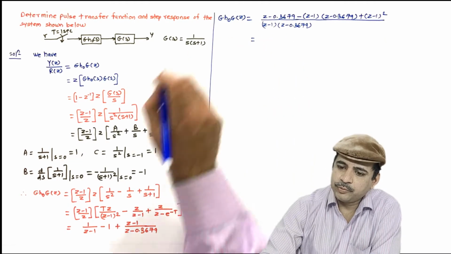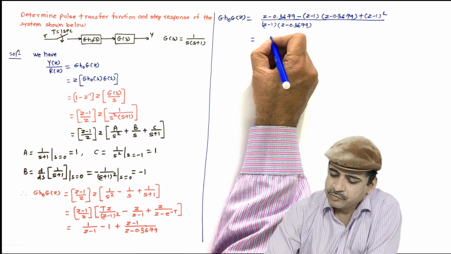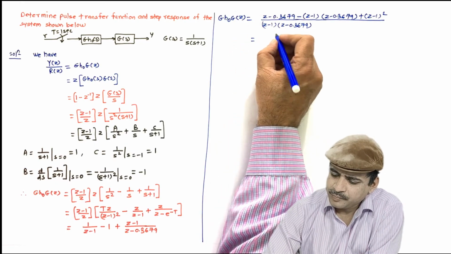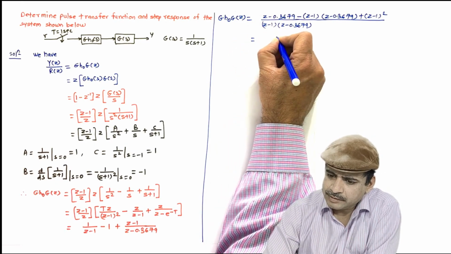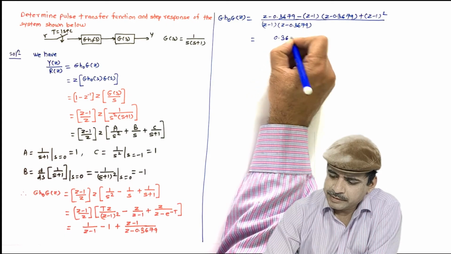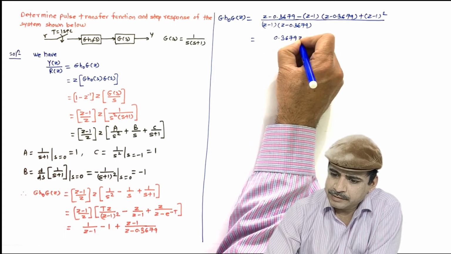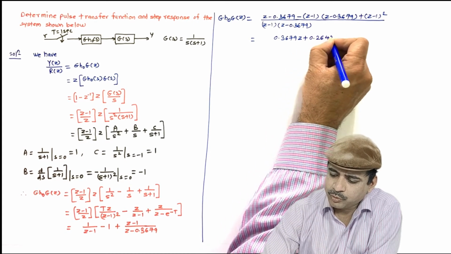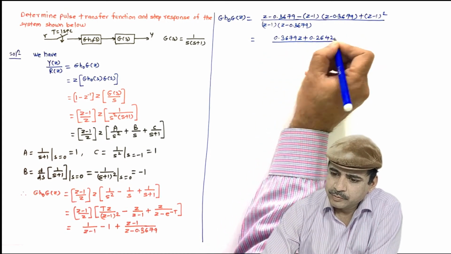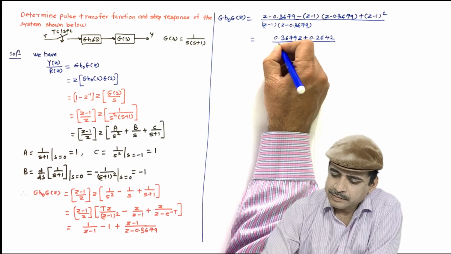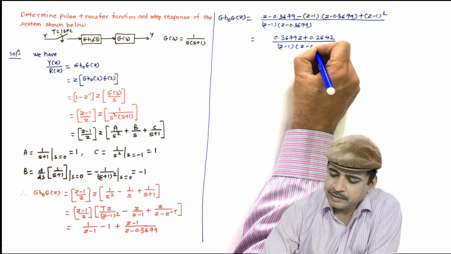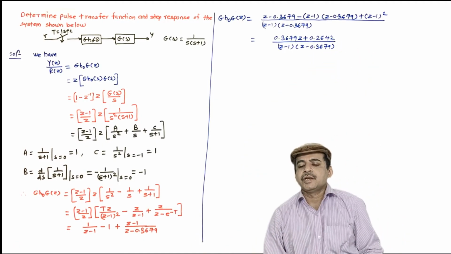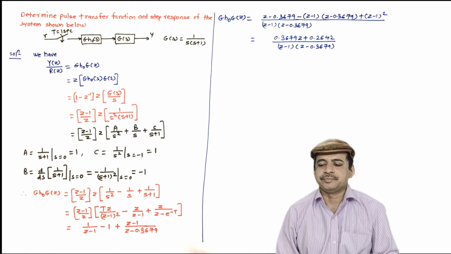And now if you simplify this, I have done it at the back end, it is coming as 0.3679 z plus 0.2642 divided by z minus 1 into z minus 0.3679. So the pulse transfer function is obtained.